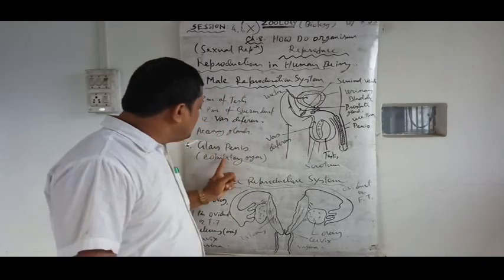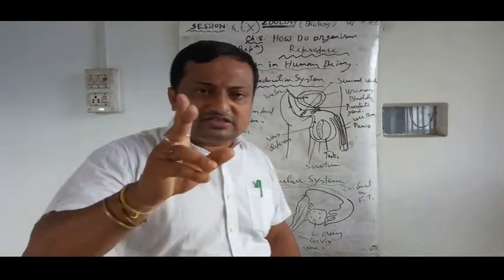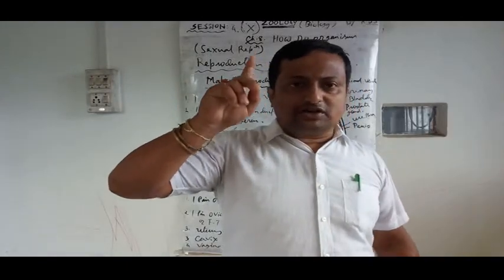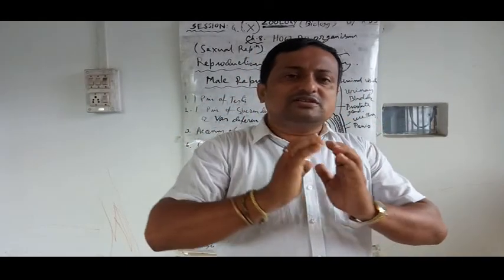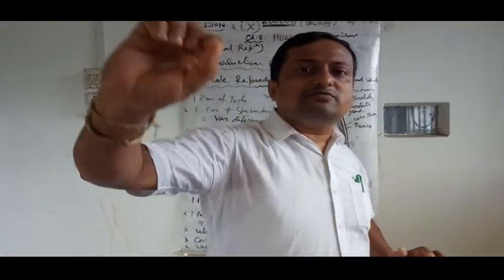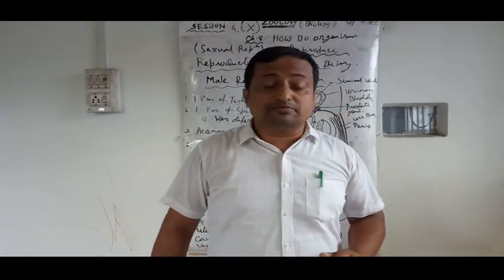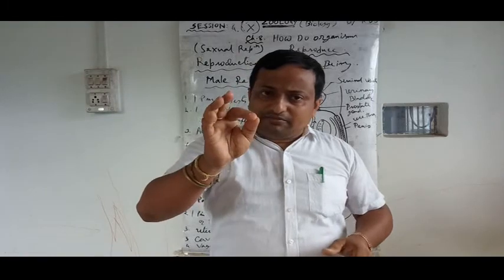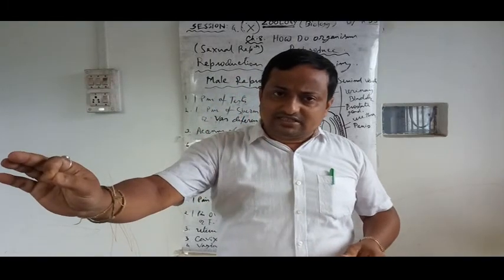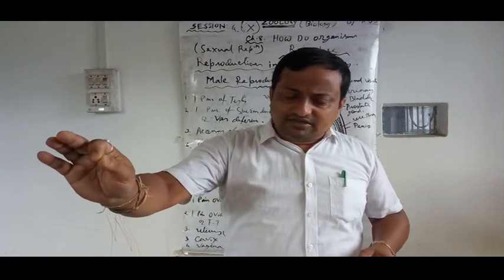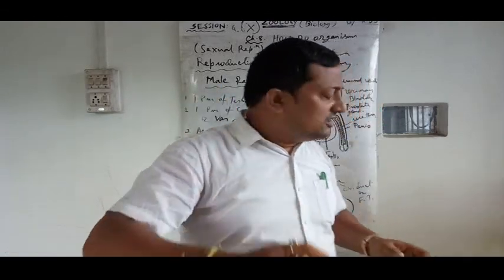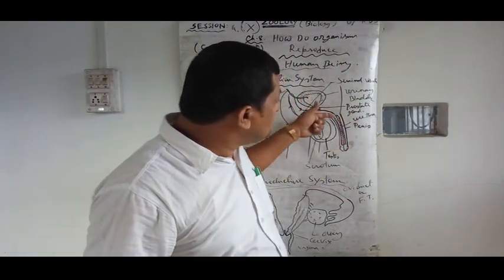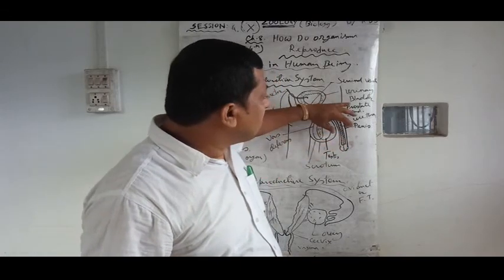This is called the glans penis, which becomes erect at the time of sexual activity, because it should be hard to release the semen into the female genital tract at the time of reproduction. That's why it becomes hard. Urine also goes out through it, but it does not become erect all the time.